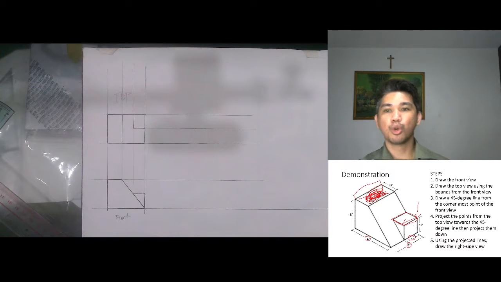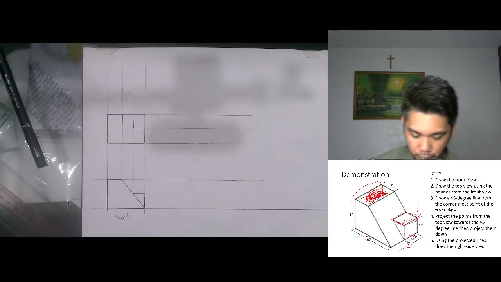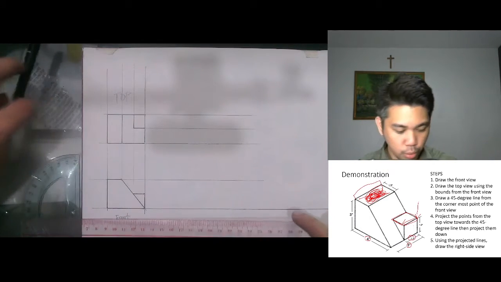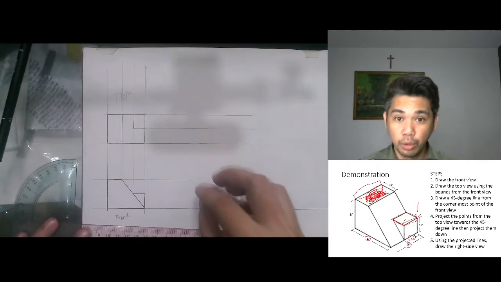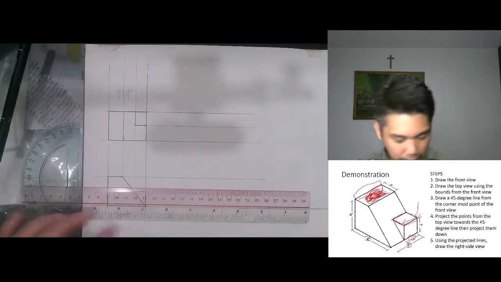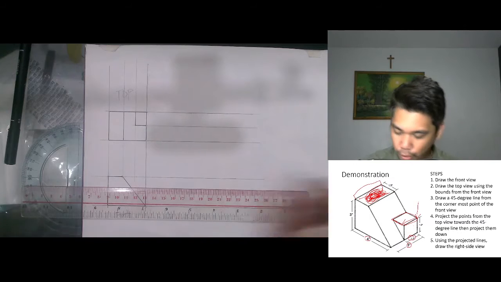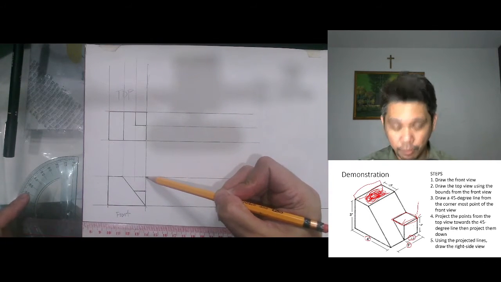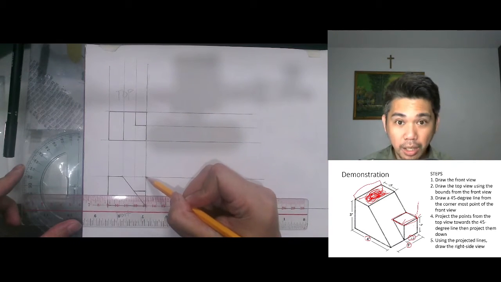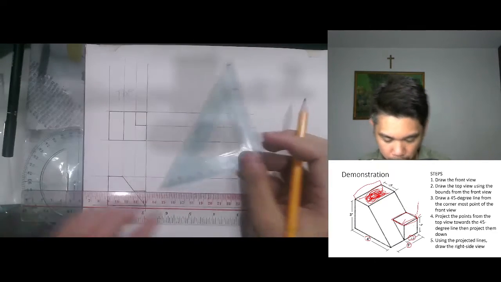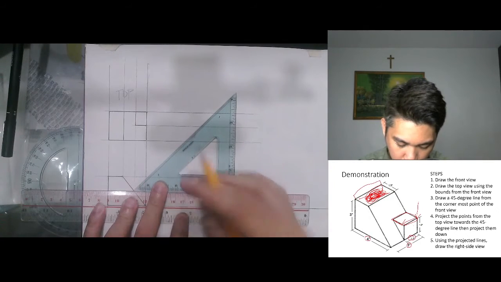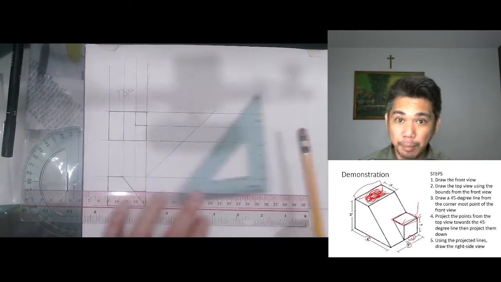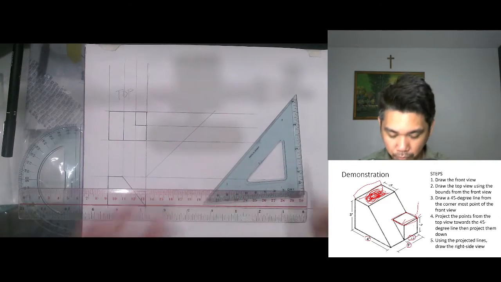Now, how about drawing the right side view? One of the first things that we need to do in order to draw the right side view is to create a 45-degree line from the cornermost bounds of the front view. So from here, the cornermost bound, we will draw a 45-degree line that will hit the projected lines from the top view.